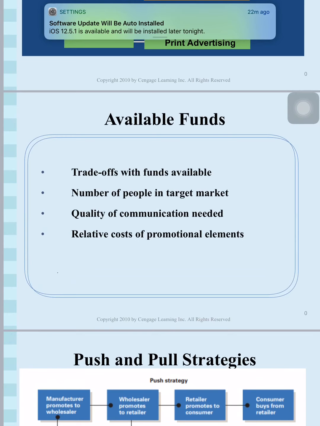If you need high quality, you can go for personal selling because you can reach one-to-one, face-to-face. Then the relative cost of the promotional elements and the budget you have. Normally big companies have a big budget, big investment in the promotional mix.